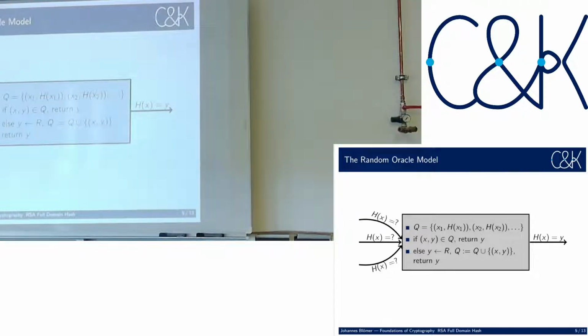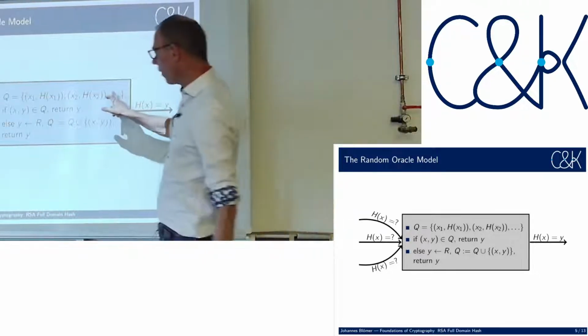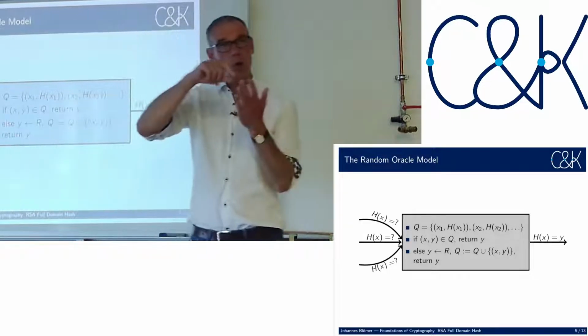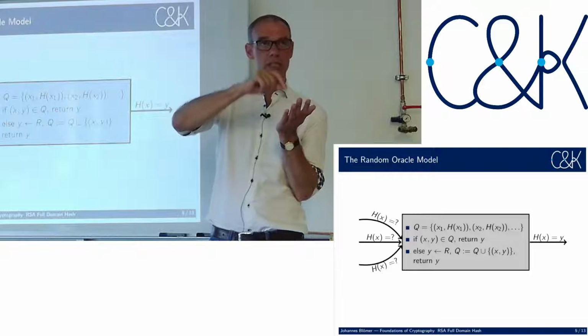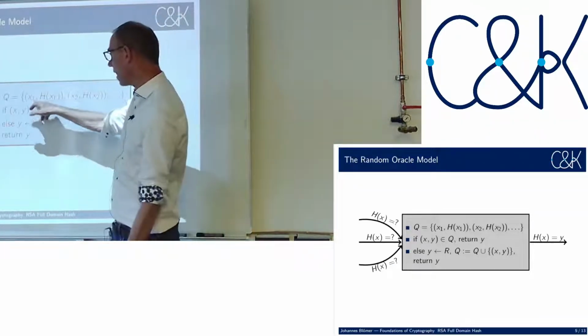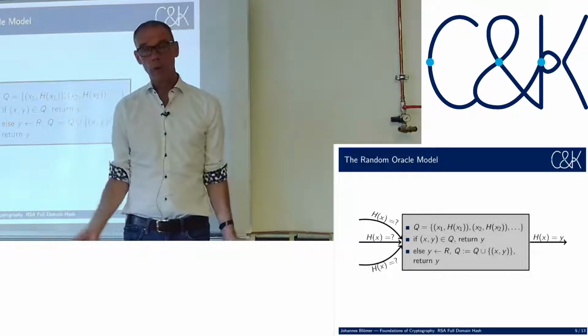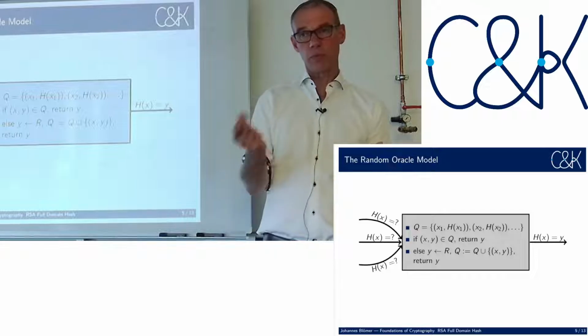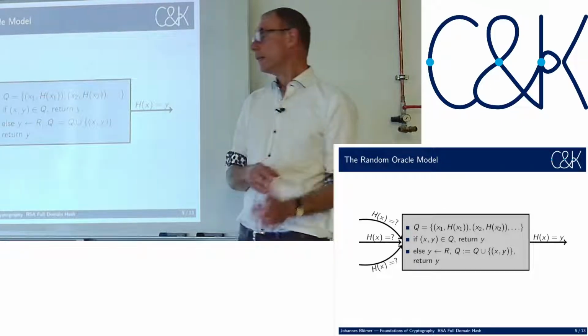Now the random oracle keeps a list of all queries that it has already received and answered. So it keeps a list of pairs xi, h of xi, where xi is a query that it received and h of xi is what it provided for that query.